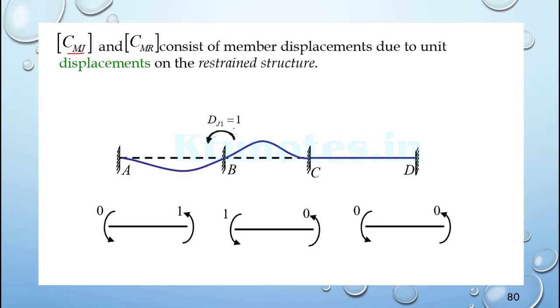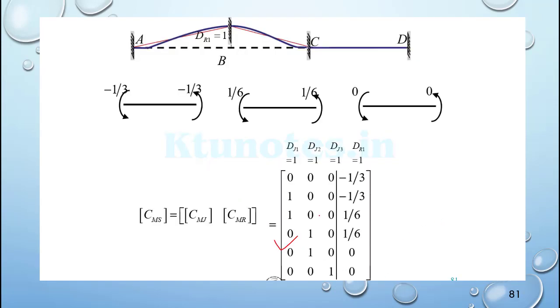For DJ1 equal to 1, we are applying a rotation here, so only the rotation will be there, 1, 1, and others will be 0. For the second case, applying here, it will be 1 and 1, and others will be 0. For here, only 1 will be here, and others will be 0.